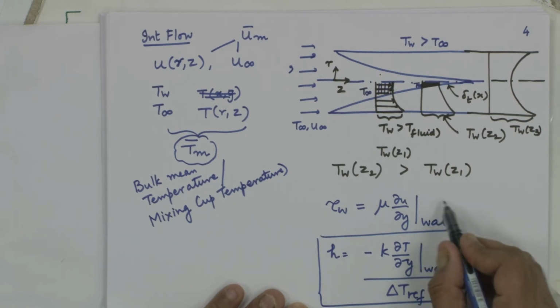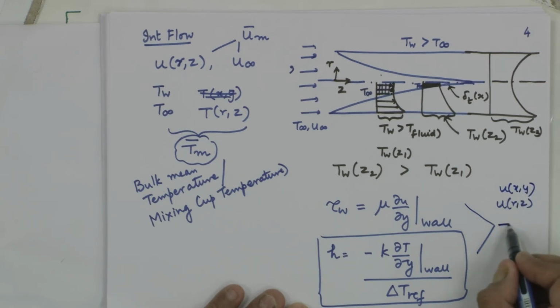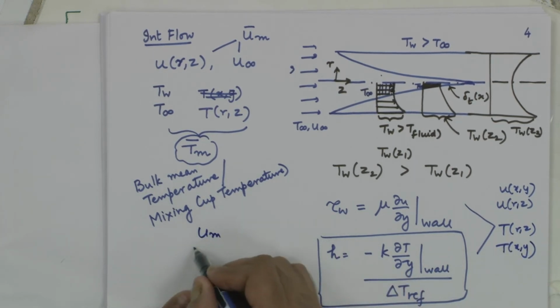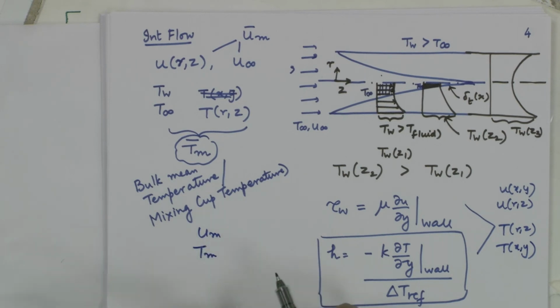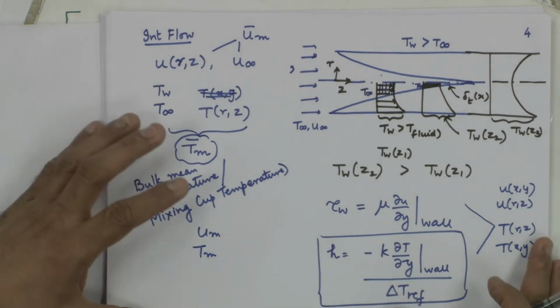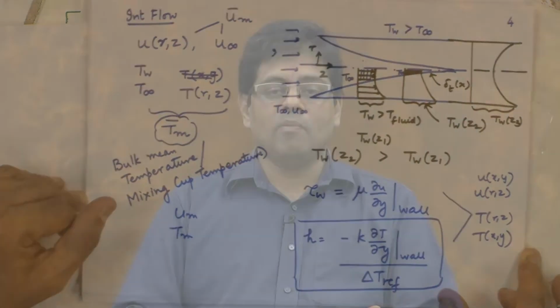So for defining these things, you need u of r comma z, u of x comma y, T of r comma z or T of x comma y. As engineers, you would need u bulk mean, T bulk mean, where these represent the average values of the temperature and the velocities, which would be useful in determining several engineering quantities that can be directly used.